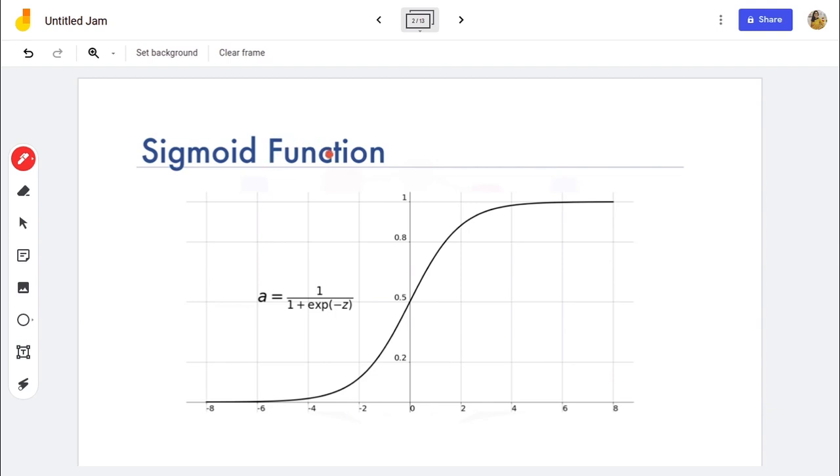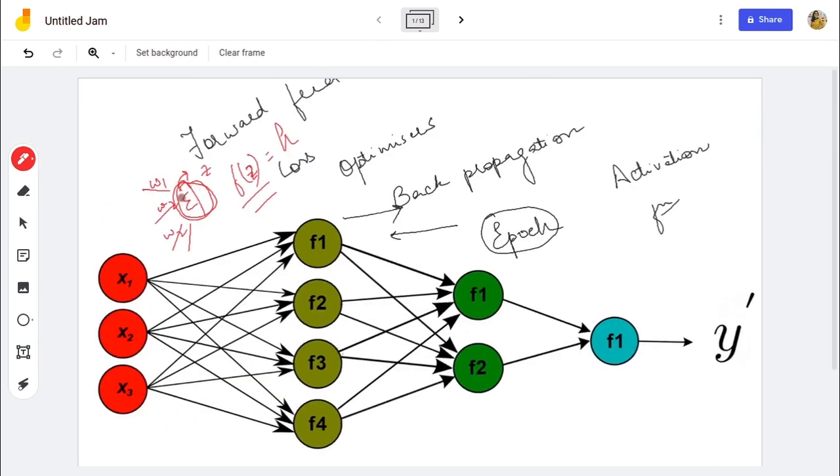So, the first activation function that I will talk about is the sigmoid function. This is the formula of a sigmoid function. Exp of minus z is basically e to the power minus z. And this z again, if you remember, is the summed up value.